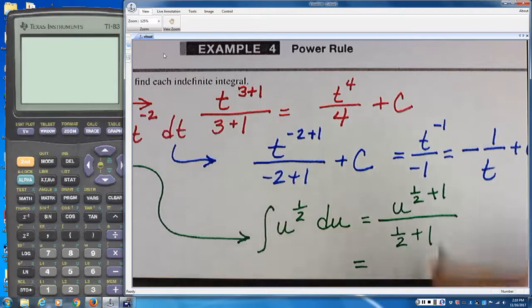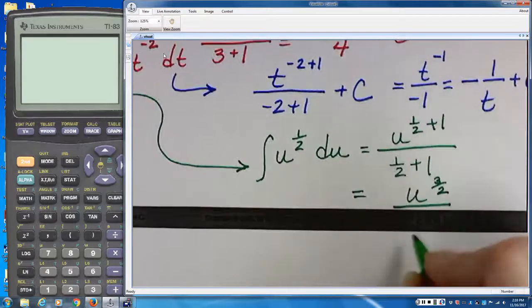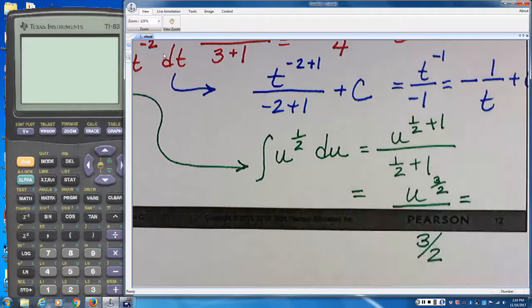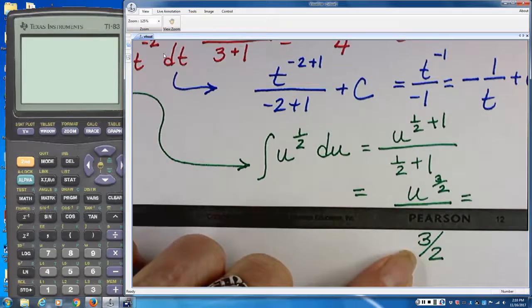And that's going to be u to the 3/2 divided by 3/2, which if you're dividing by 3/2, you're really multiplying by 2/3.